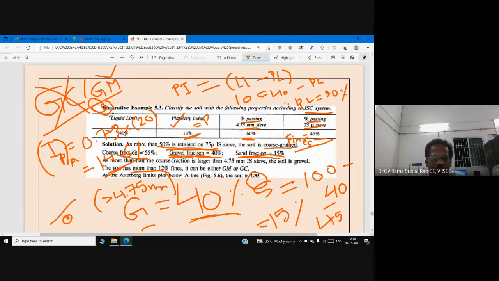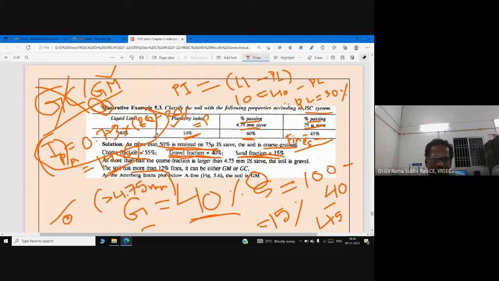If you want to classify a particular soil as silt or clay, don't think beyond the A line. So always remember IP of A line is 0.73 LL minus 20. This is the formula given by Arthur Casagrande. If your IP, the plasticity index, is more than IP of A line, then it is a clay soil.